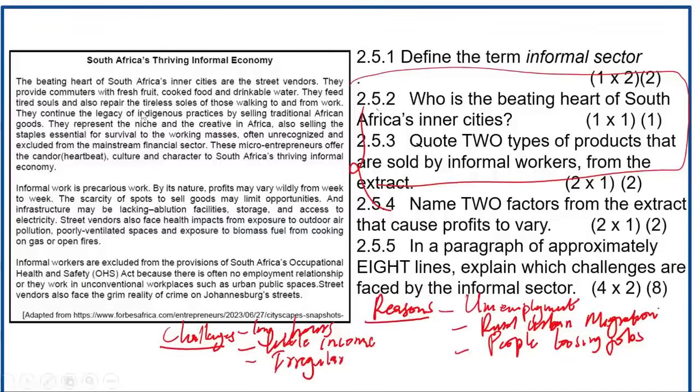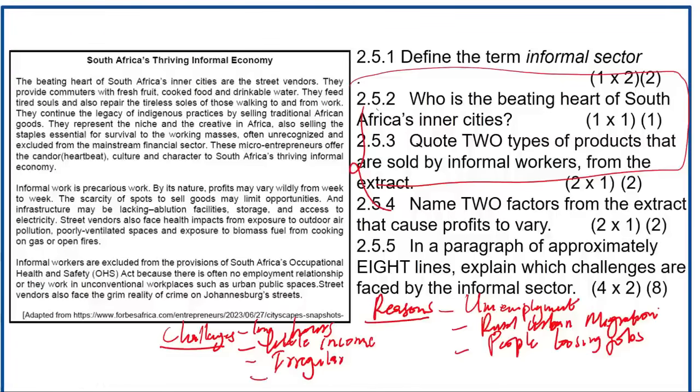You cannot tell how much you're going to make per day. Unlike other people that go to their work, they know, I get 3,000 a month, or 5,000 a month, or 10,000, or 100,000 a month, or whatever amount I get a month. So those people know how much they get. But the income for informal sector is irregular.